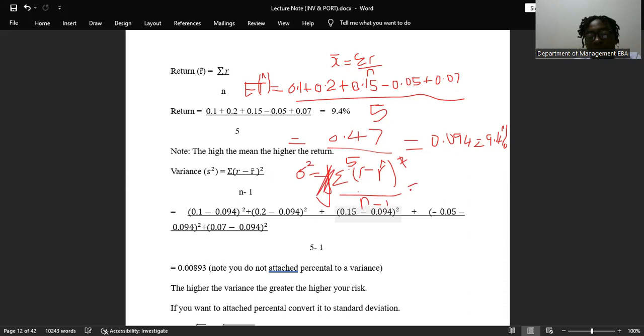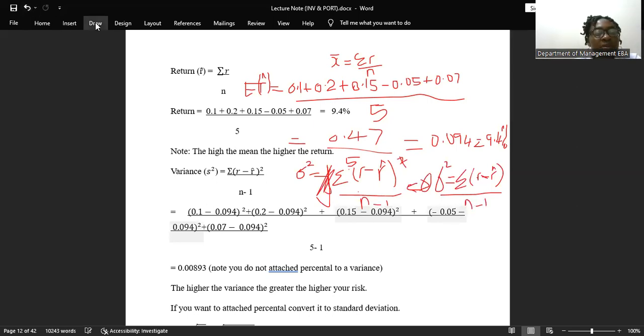So we will now end up with variance equals sigma of the individual returns minus the expected return, over the number of years n minus 1.